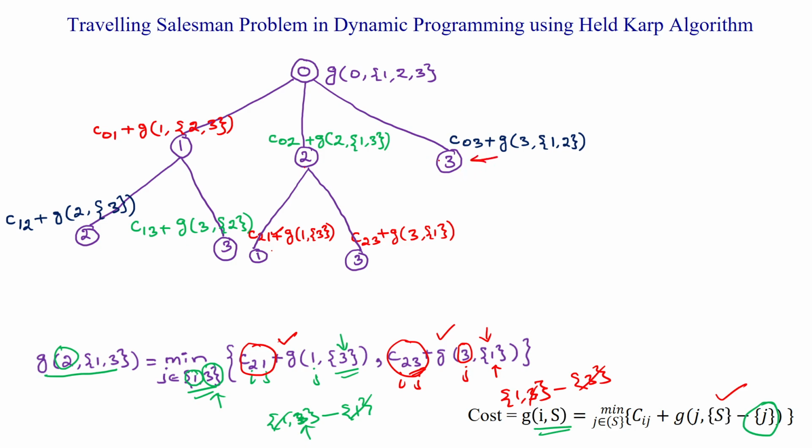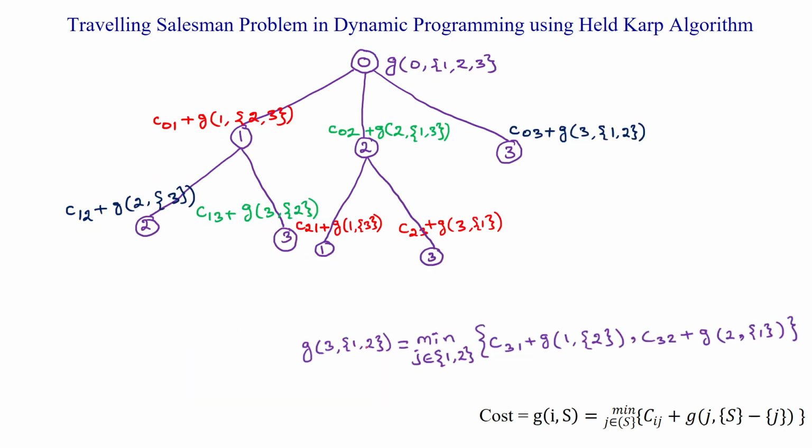So from 3 we have the subproblem g of 3 comma subset 1 2. When you are calculating g of 3 comma 1 2 subset, here you have two unvisited cities. One is 1 and another one is 2. So initially we take 1 as j, so i is 3, j is 1, plus g of j, j is 1.